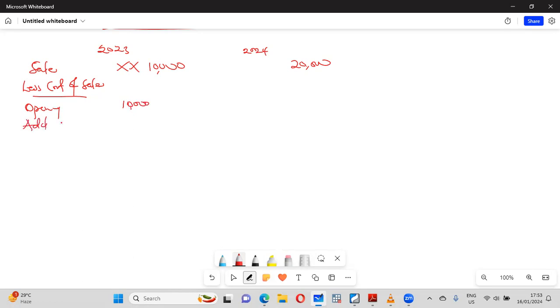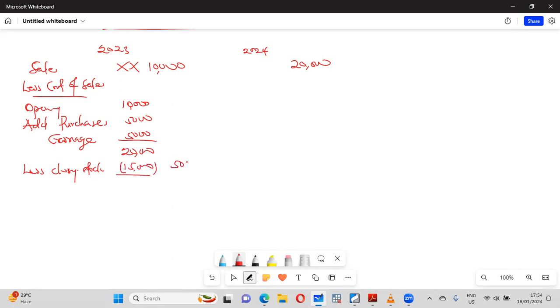Then we add purchases. Let's say 5,000. If there is carriage, we add drawings. So like if it's a sole proprietor, you check those ones. Okay, then you get like this one is like 20,000. Then we less closing stock.